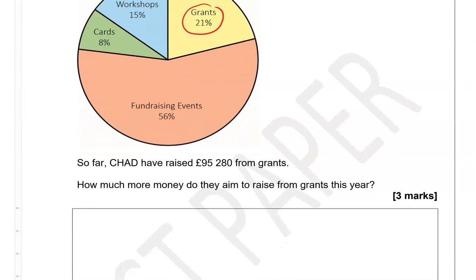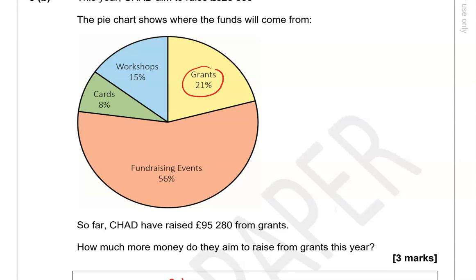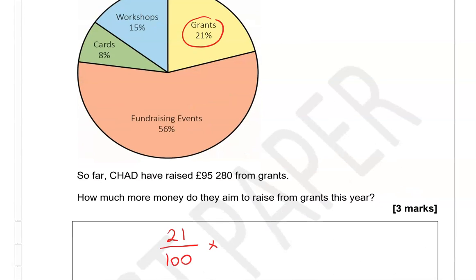So let's just work that out. 21%, that is 21 out of 100 of the amount, which was 626,000. And that gives us 131,460. So that's the total that will come from grants.